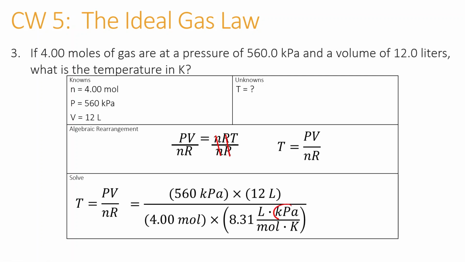Notice that I chose the R value that matches my pressure units. kPa will cancel, liters will cancel, moles cancels. The only thing that doesn't cancel is Kelvin. So we get 202.17. Rounding this for 3 sig figs, that gives us 202 Kelvin.